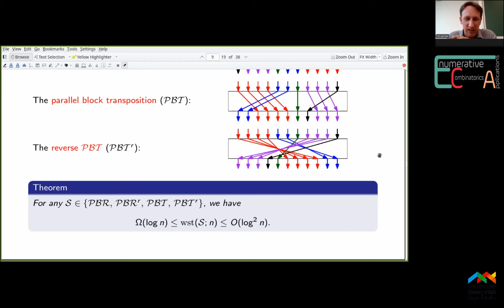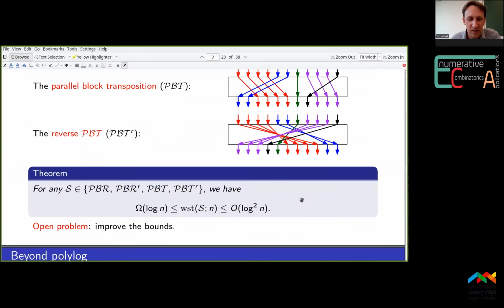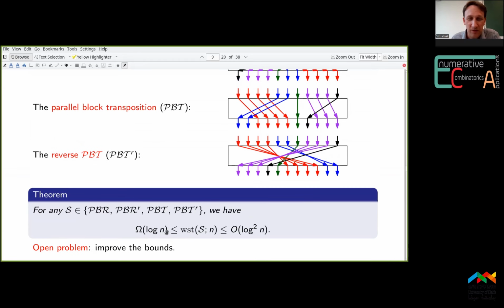And for all these classes, the bounds that we have are the generic log n lower bound, valid for any proper permutation class, and a not terribly difficult sorting strategy which achieves sorting in order of log square n steps. So hence an open problem is to improve these gaps.